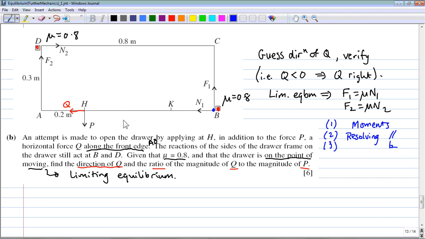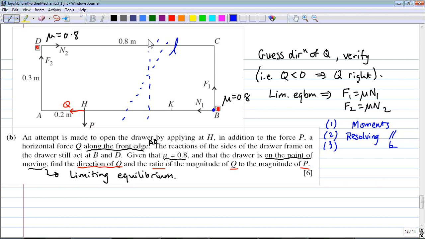I mean, you could resolve in some random direction L, and then resolve in some other random direction Q, which are not parallel. Simply the fact that they're not parallel will ensure that you get the full information from resolving, but it's incredibly rare that you will want to do it like that. You'll basically always want to do it in two perpendicular directions.